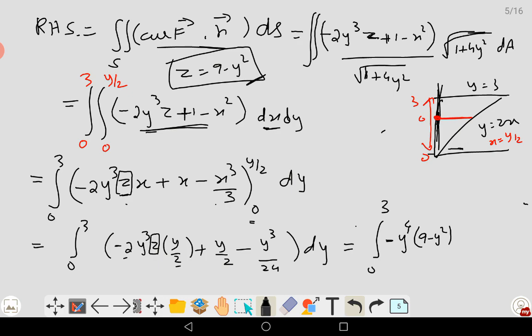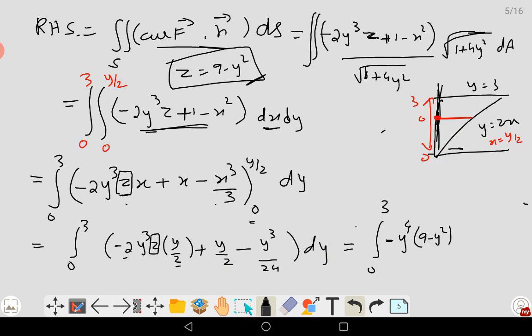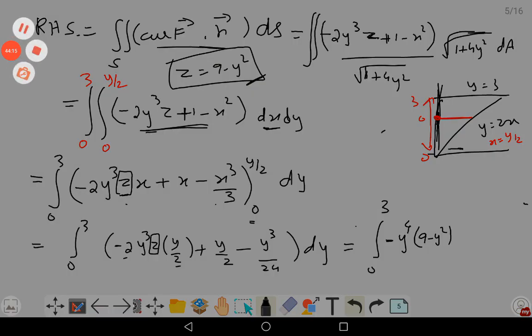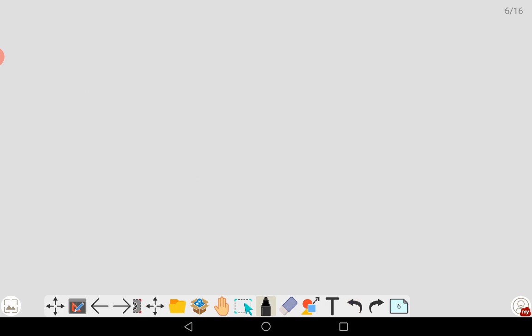Okay, 9 minus y square plus y over 2 minus y cube over 24 into dy.